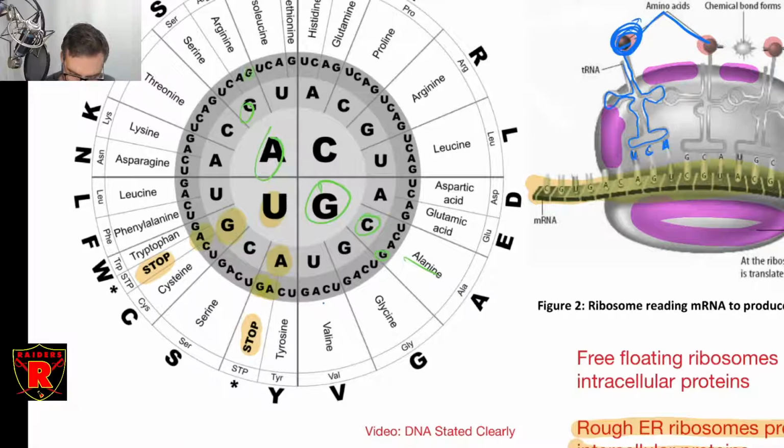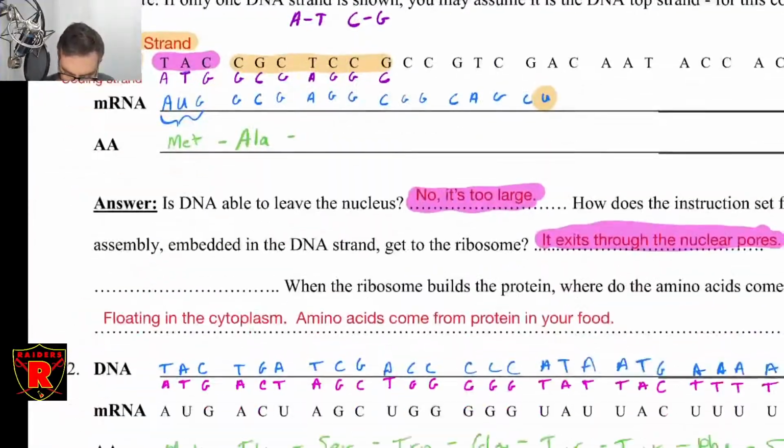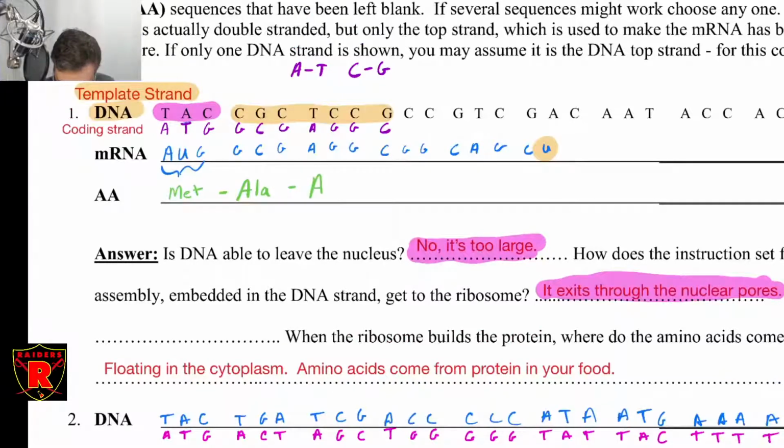AGG is arginine, short form ARG. Okay, and so on. Keep reading it along until you have the entire amino acid sequence. Keep in mind that the stop codon does not code for an amino acid, so the previous amino acid is the last one in the sequence, and the last one is just stop. You can write stop if you want, but it's not an actual amino acid.